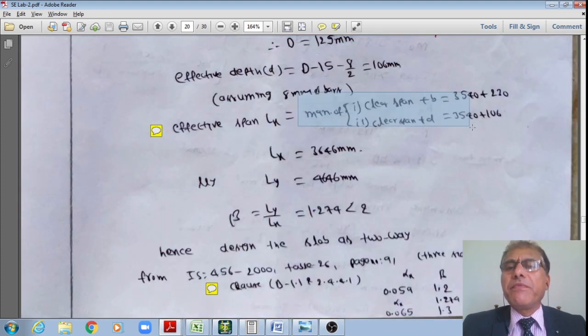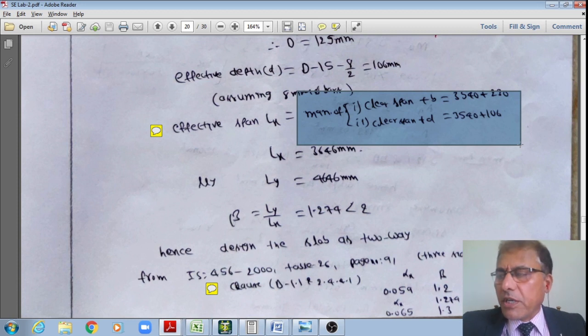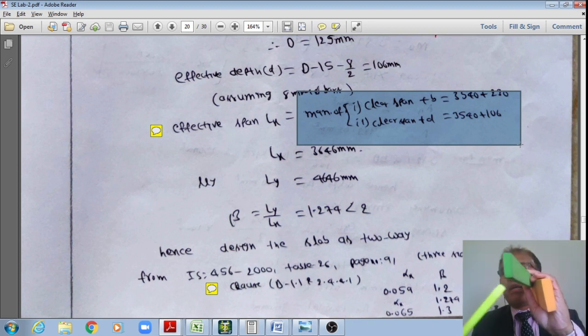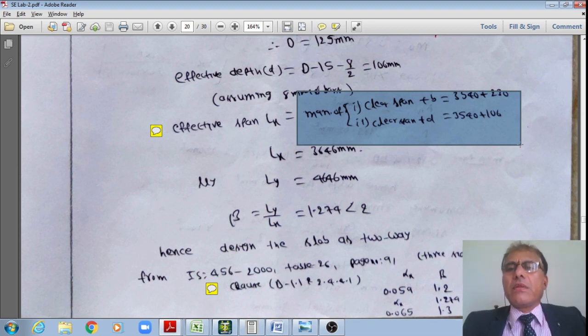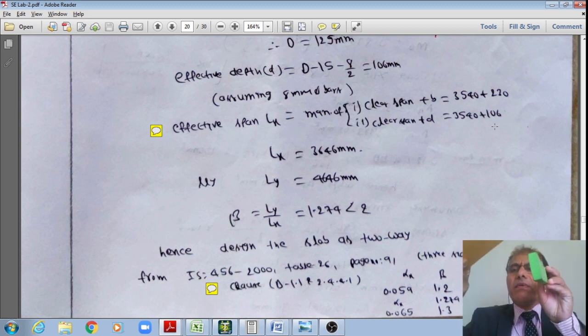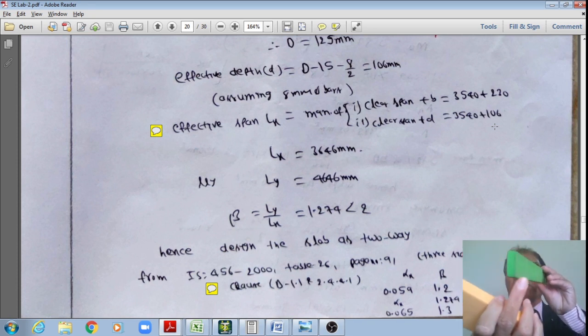Hence the minimum of these two: clear span is equal to 3540 in the short span direction, plus the width of the beam, assuming 230 mm, or the clear span 3540 plus the effective depth of the slab, 106 mm.